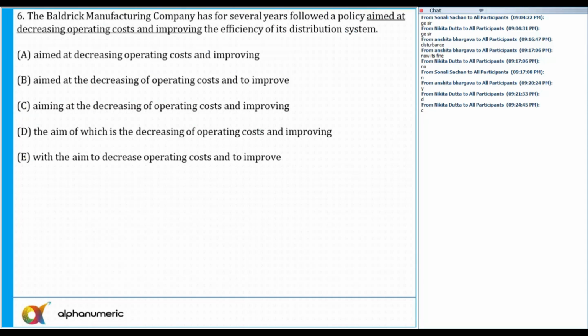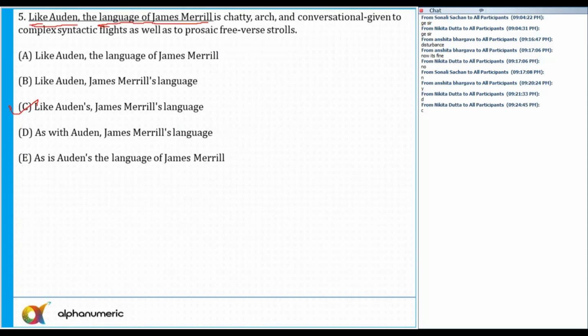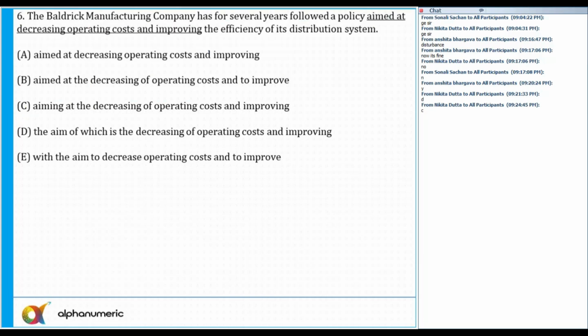Okay. Let's discuss question number 6 to 10. Question number 6. The Baldrick Manufacturing Company has for several years followed a policy aimed at decreasing operating costs and improving the efficiency of its distribution system.